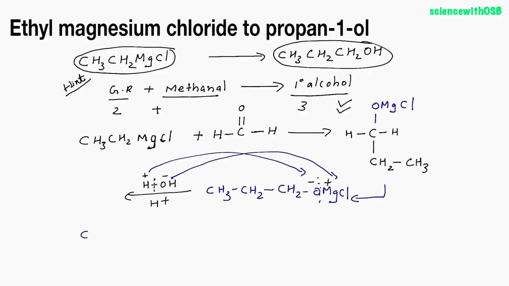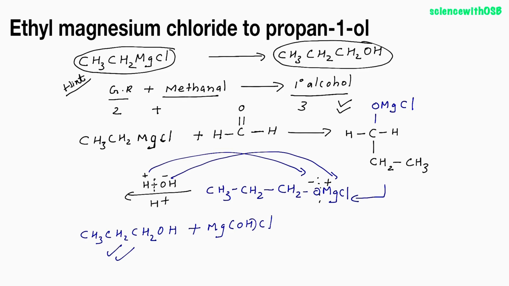So what are you going to get? CH3, CH2, CH2, that O minus takes H plus, so it becomes OH. And what is the byproduct? Mg is taking OH, right? So MgOHCl. The byproduct is not very important for the conversion. So this is our required answer.